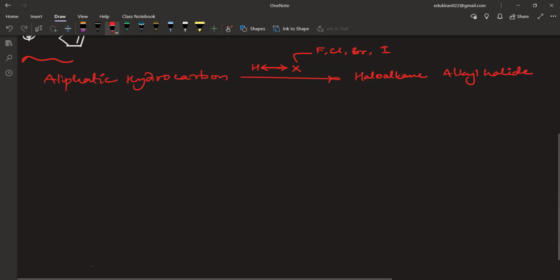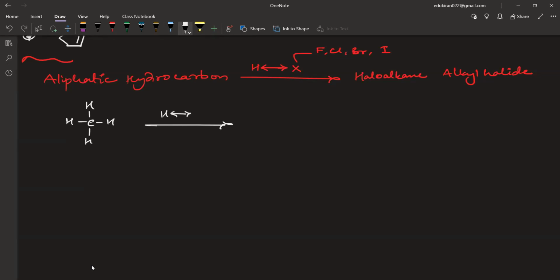Examples: you have methane which has 4 hydrogen atoms. You replace one hydrogen with a chlorine, Cl, and 3 hydrogens remain. Now this name haloalkane and this template can also be used in order to name simple haloalkenes.